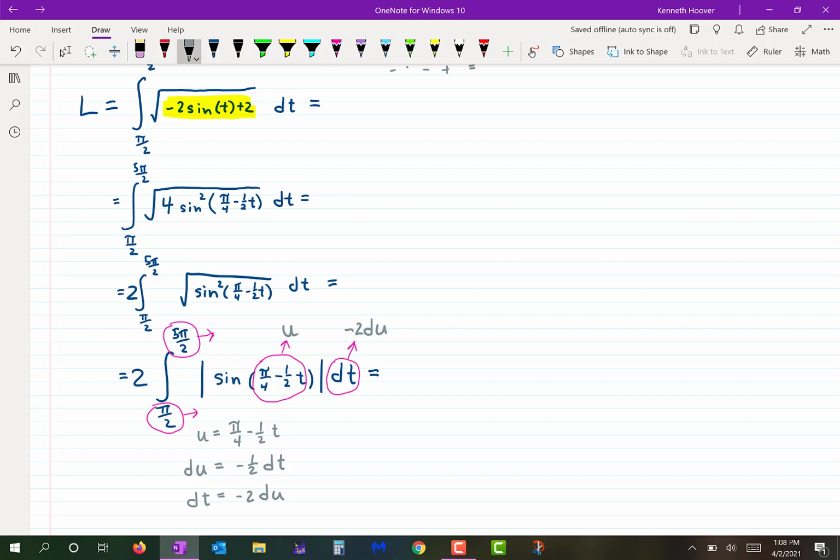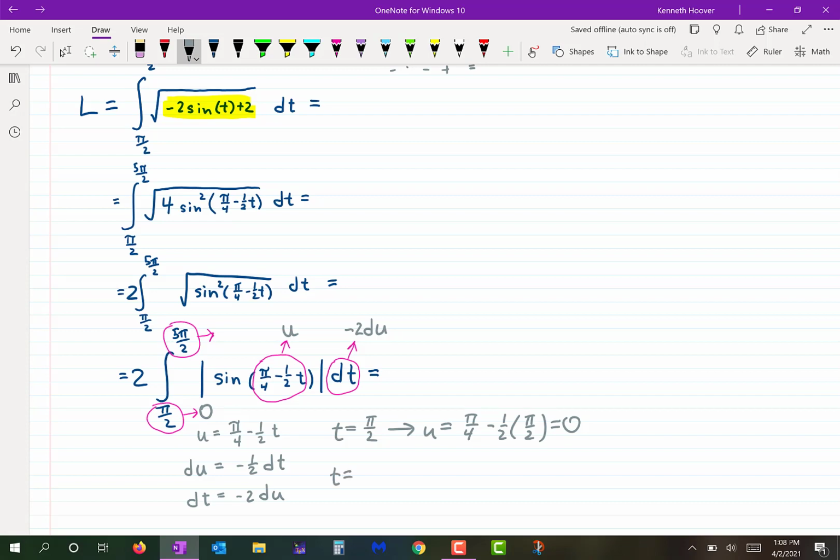Okay, so u equals, I'm looking at this right here, u equals pi over 4 minus half of t. So that means that when t equals pi over 2, u will equal pi over 4 minus half of pi over 2, which equals 0. So that's going to get replaced with a 0.